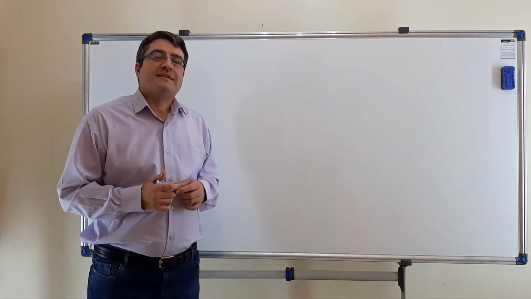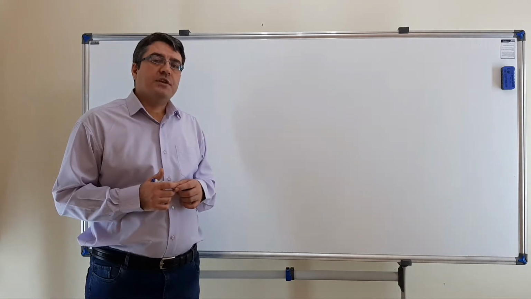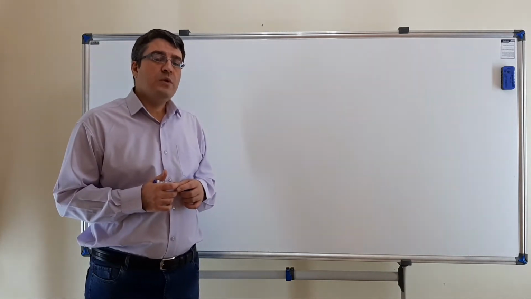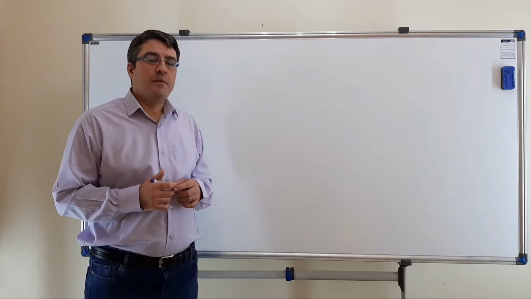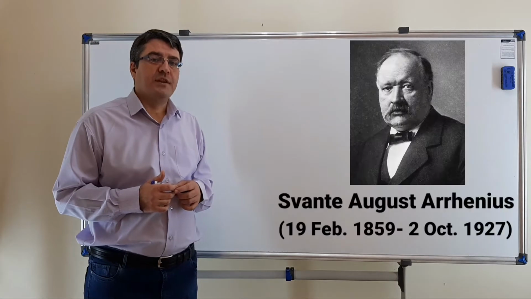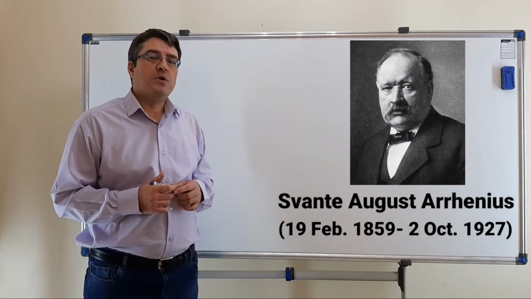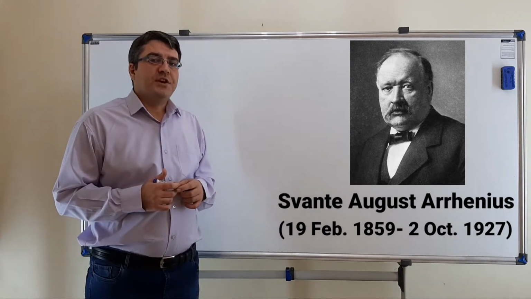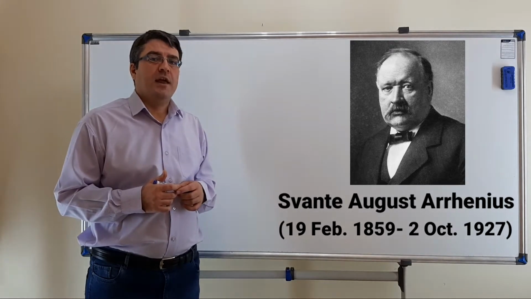Three common acid-base definitions are the Arrhenius definition, the Bronsted-Lowry definition, and the Lewis definition. At first, I'm going to talk about the Arrhenius definition. The Arrhenius acid-base definition, proposed in 1884, is usually considered as the first modern acid-base definition.